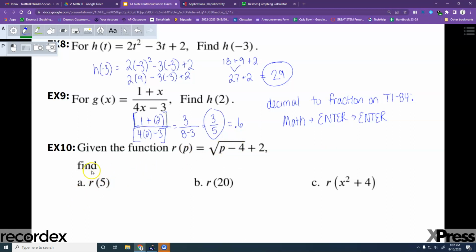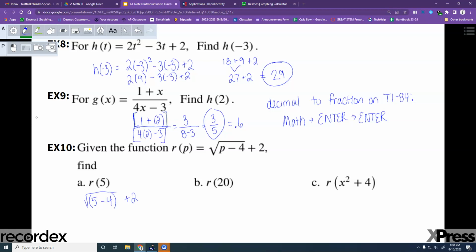So this one actually asks us to find R of 5, R of 20, and R of x squared plus 4. Don't worry about that one when we get there. So R of 5, we would just plug 5 in, so we get the square root of 5 minus 4, plus 2. There's not parentheses in this, but it's like there are parentheses around what's underneath the square root.